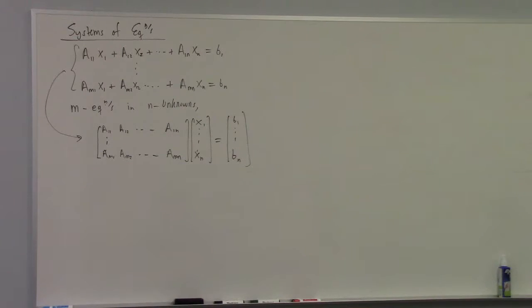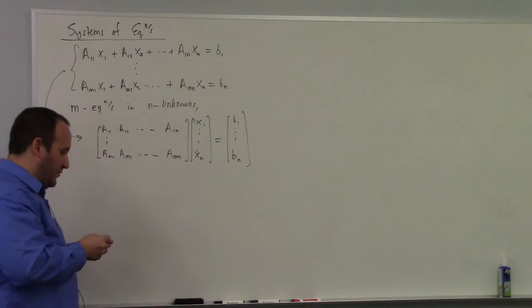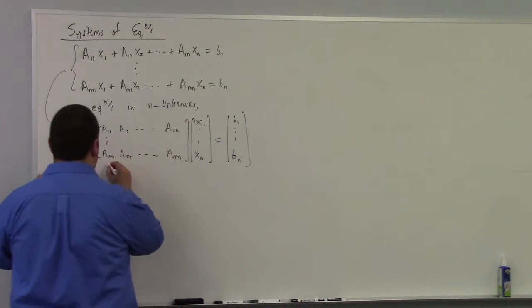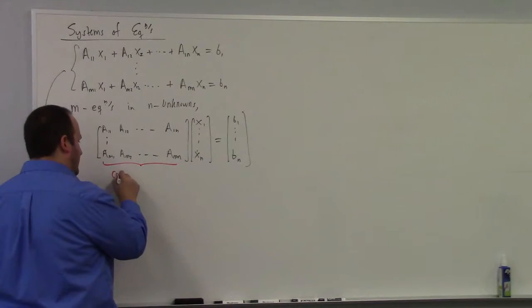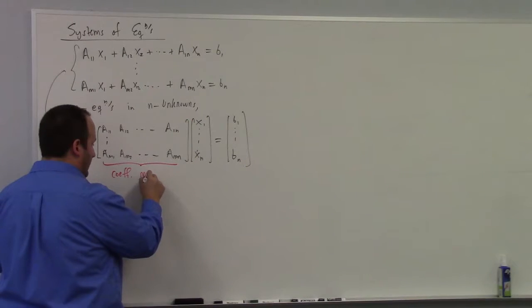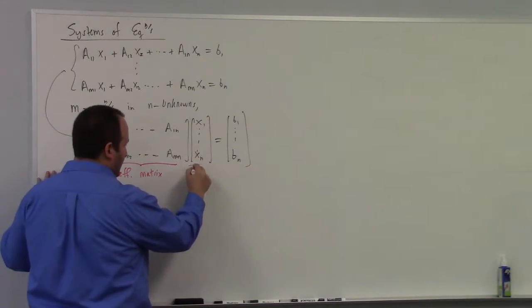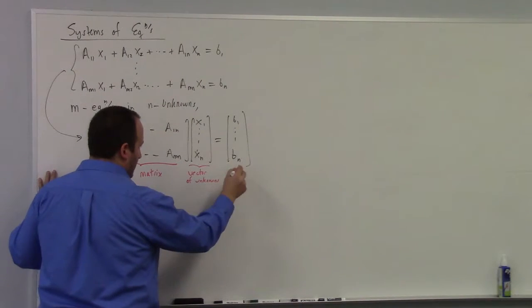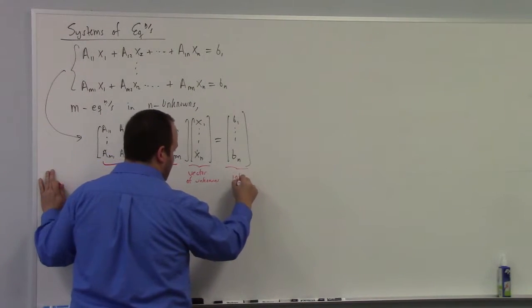These are linear equations. It could be recast as a single matrix equation is the point. So this is called the coefficient matrix, right? This is the vector of unknowns. And over here, you have the inhomogeneous term.